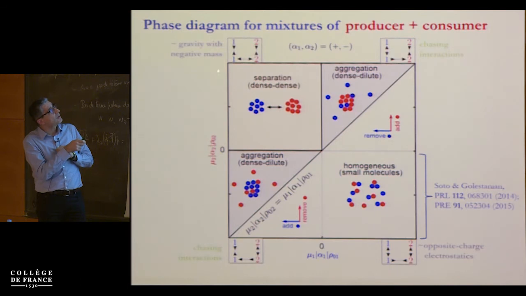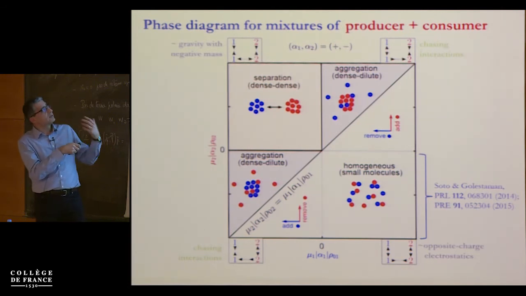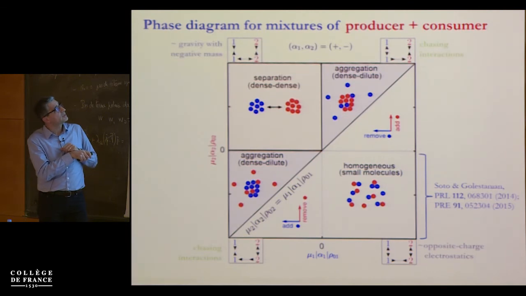For example, in this corner, 1 is attracted to 1, 2 is attracted to 2, and 1 and 2 repel each other. And this is essentially the inverted gravity. So it's essentially similar particles attracting and opposite particles repelling. It's gravity with negative mass.